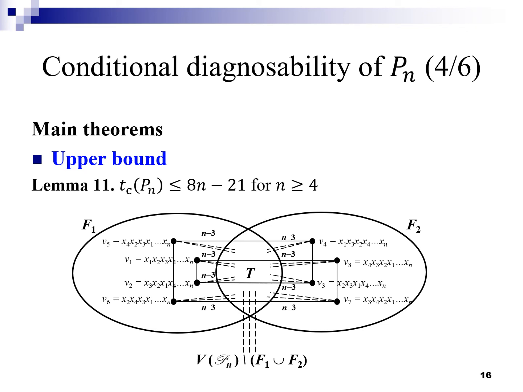The idea of solving lemma 11 is that we can construct F1 and F2 according to the definition of conditional diagnosability, such that the system is not n minus 20 conditionally diagnosable.